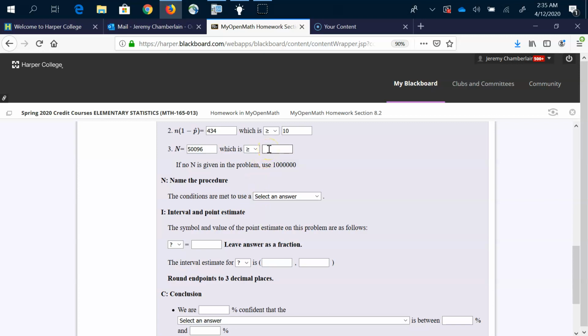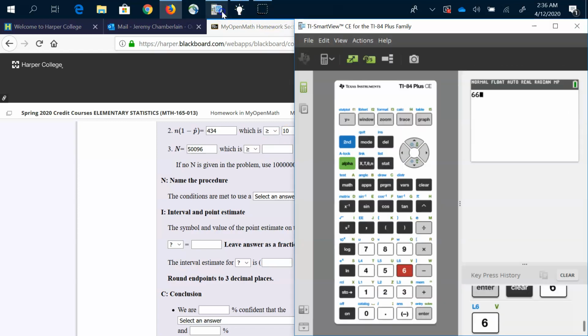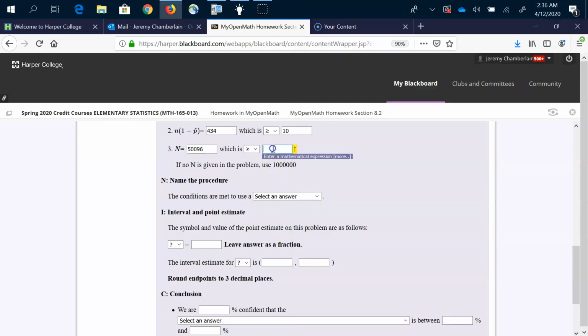Two times 500 is 1,000, so 20 times 500 would be 10,000. But in case we weren't confident, let me clear this. 20 times the sample size of 500 is definitely 10,000, and 10,000 is less than the population size.